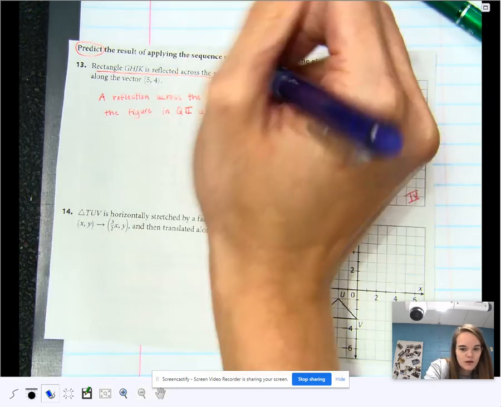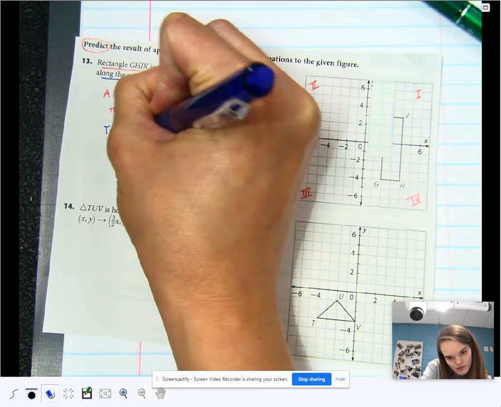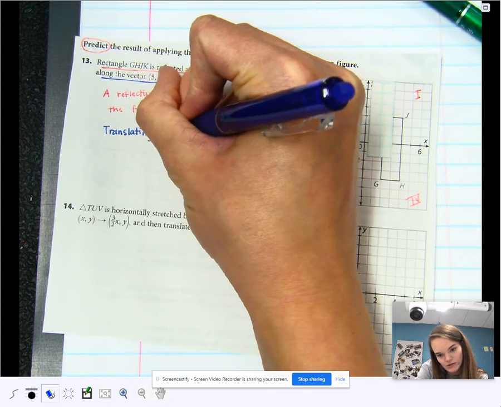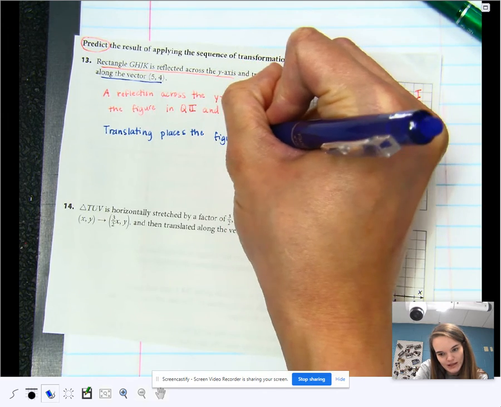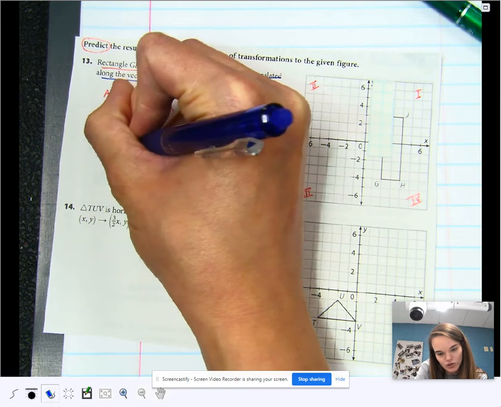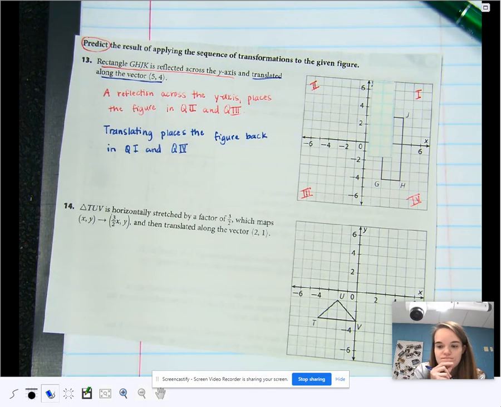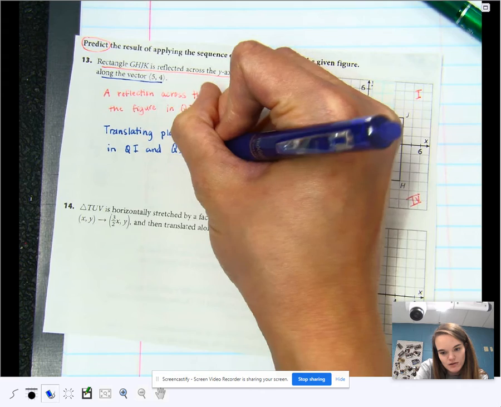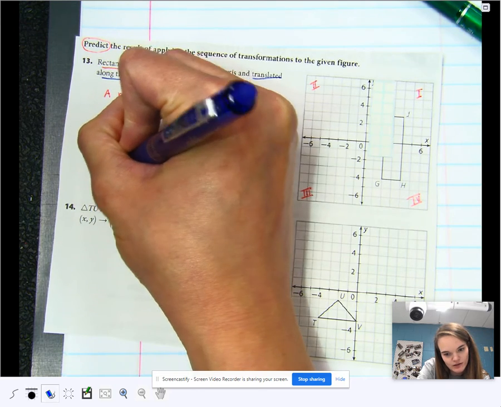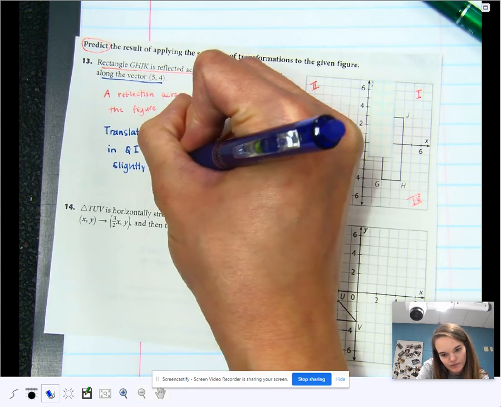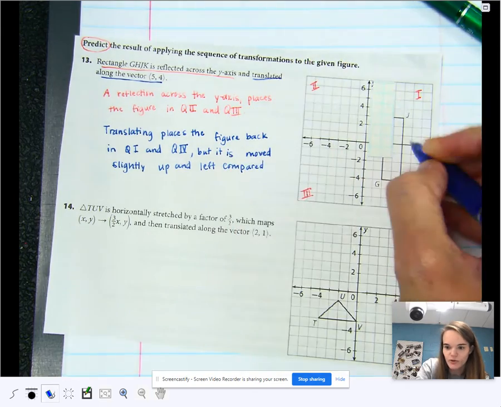So, translating places the figure back in Q1 and Q4, but it is moved slightly up and left compared to the pre-image, which is this one.